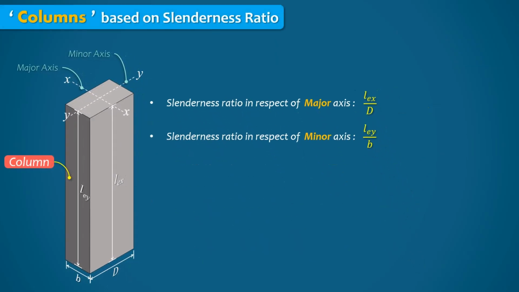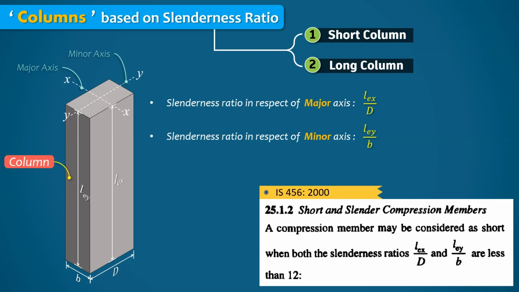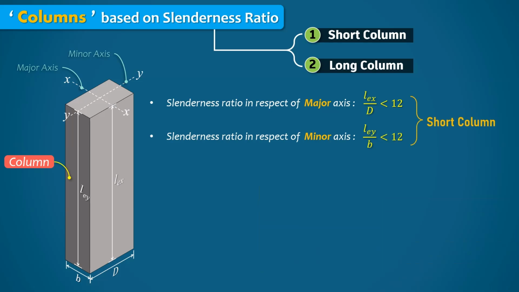So, depending on the slenderness ratio, columns may be classified in 2 categories. First, short columns, and second, slender or long columns. IS 456-2000 clause 25.1.2 classifies a column as short when both the slenderness ratios, that is LEX by D and LEY by B, are less than 12.